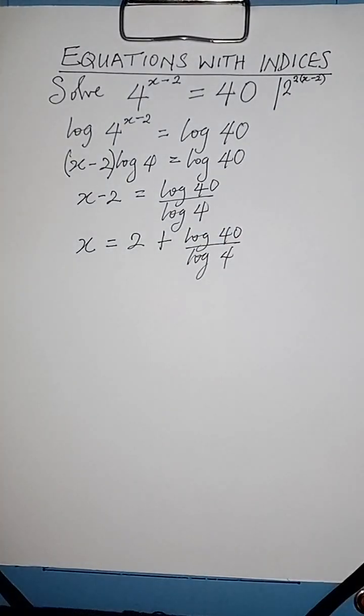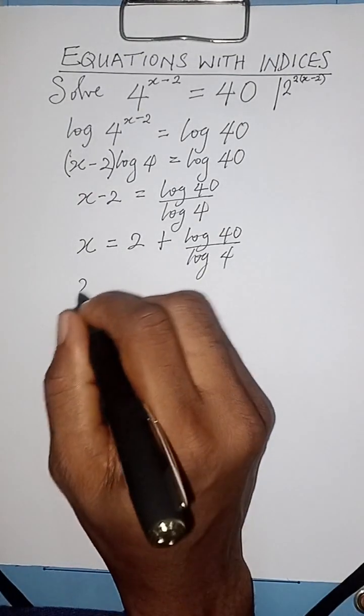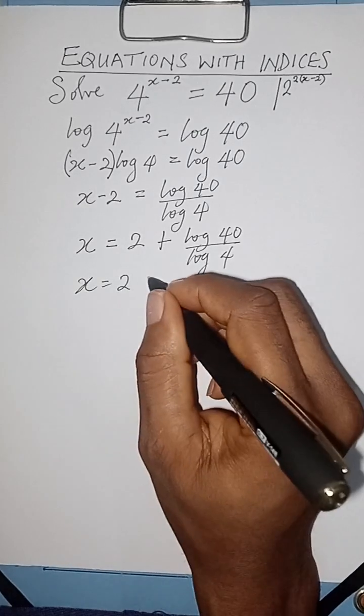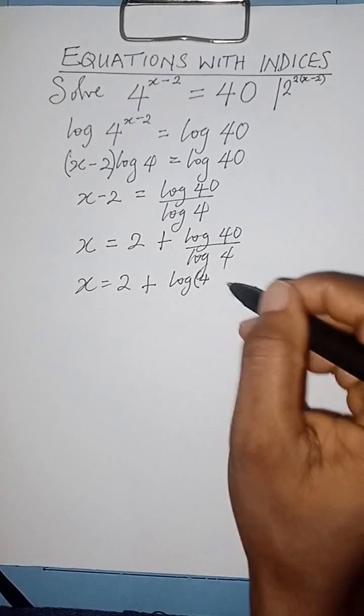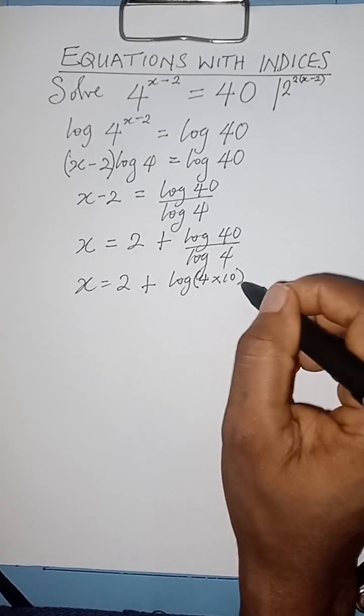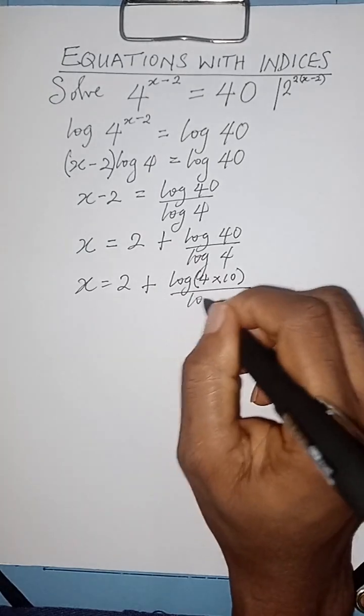The next challenge is to simplify log 40 divide log 4. This is the same thing as 2 plus log 4 in brackets multiply 10, divide log 4.